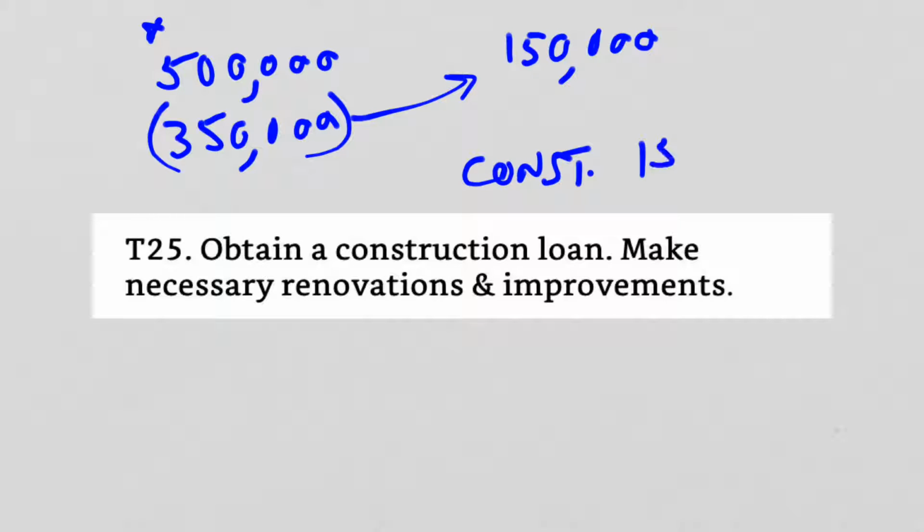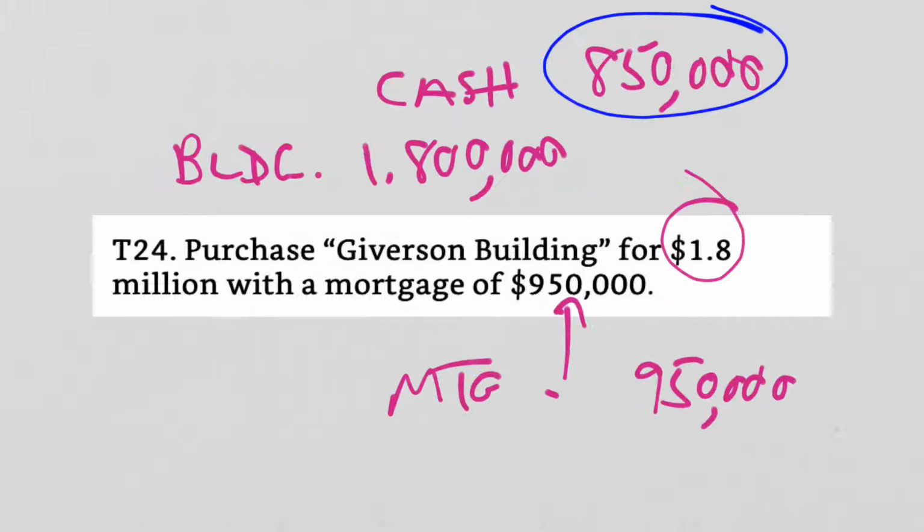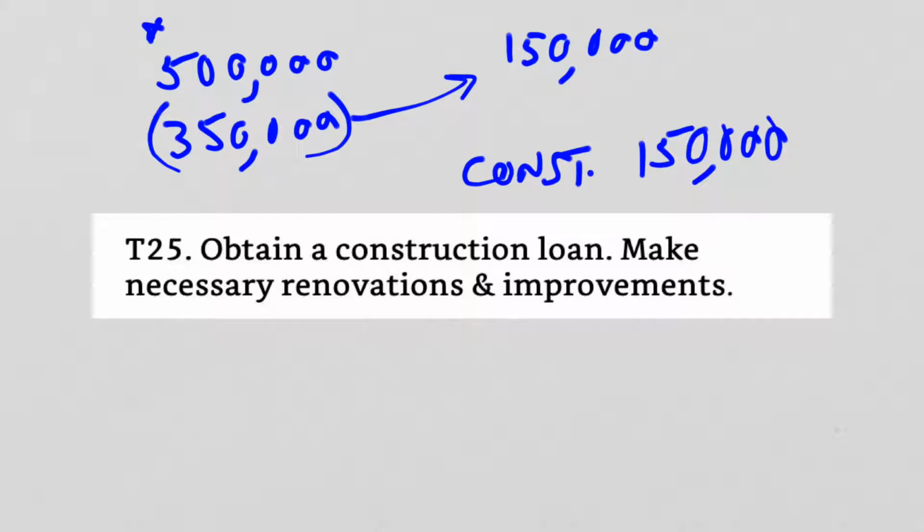So our total loan would be $150 plus the $950 that we borrowed. $950 plus $150 gives us approximately $1.1 million.